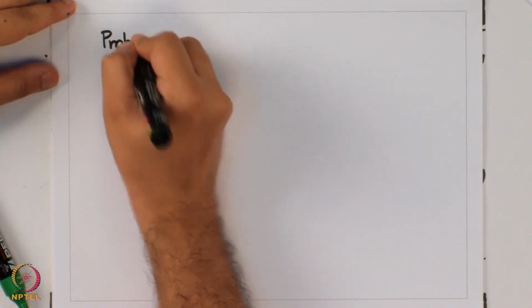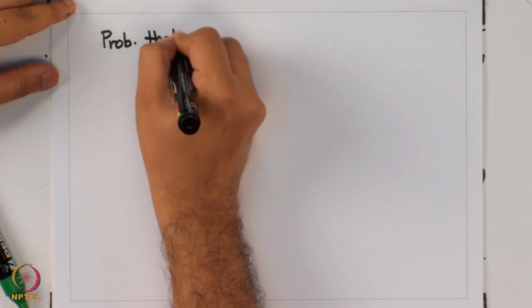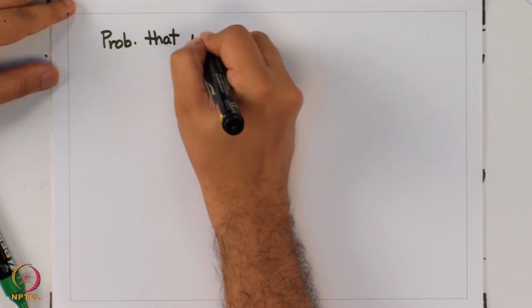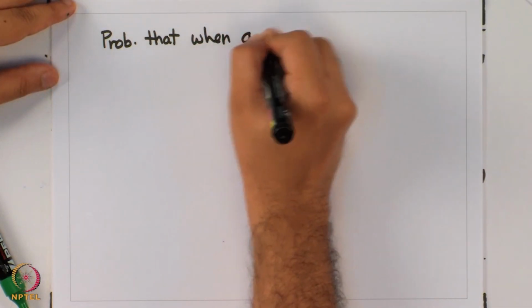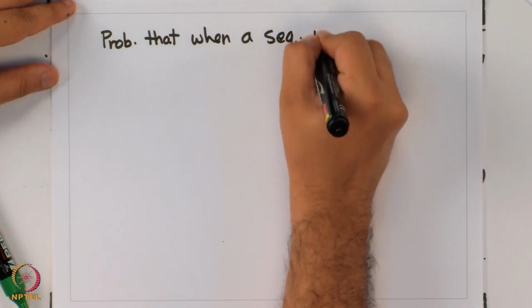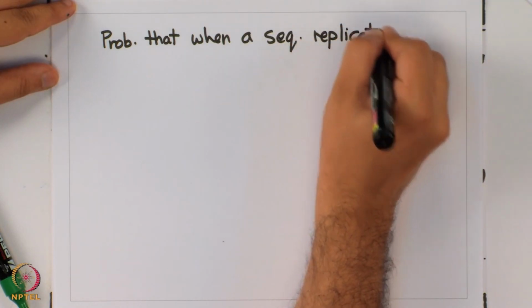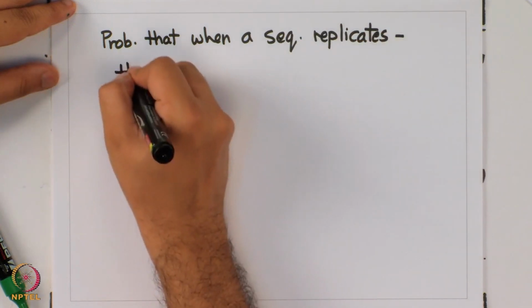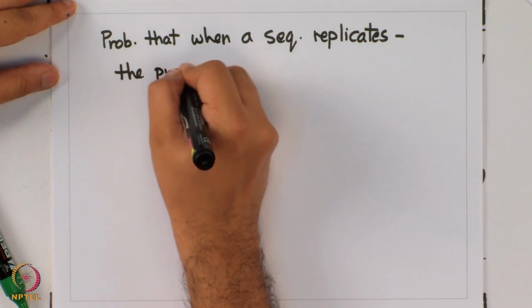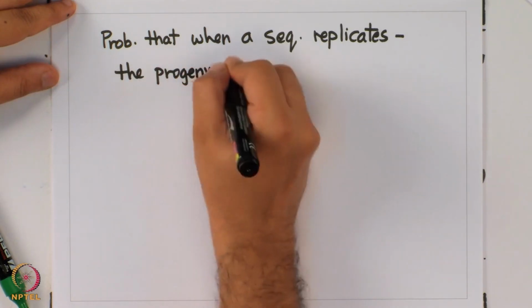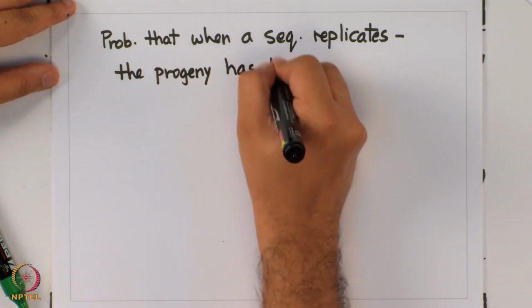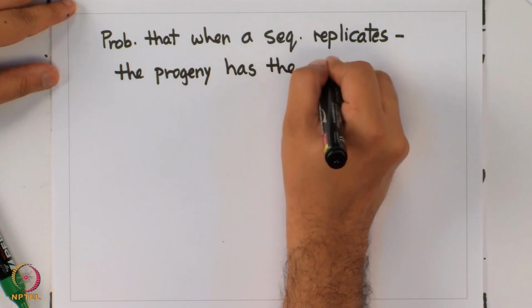So, what is the probability that when a sequence replicates, the progeny has the same sequence?